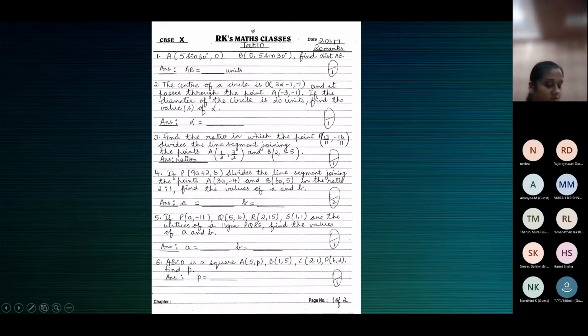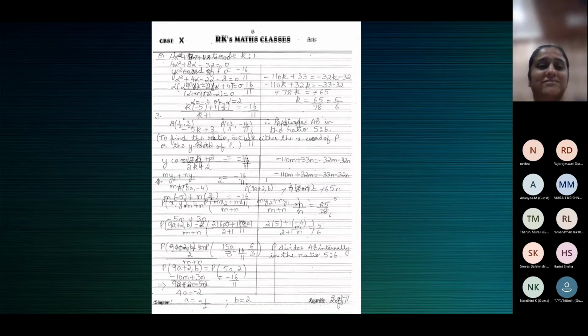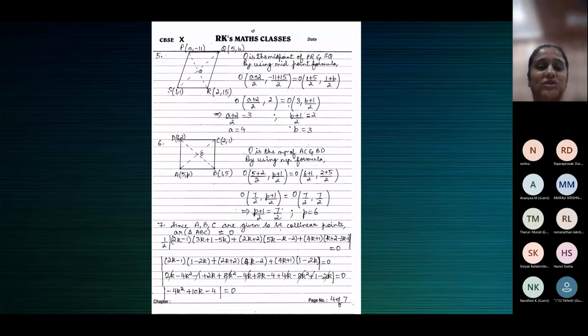P is equal to 6. Very good, Harini. You got both of it right. P is equal to 6. Ma'am, it's me, Sneha, ma'am. Oh, your voice is so similar. Okay, Sneha. Very good. Yes, children.